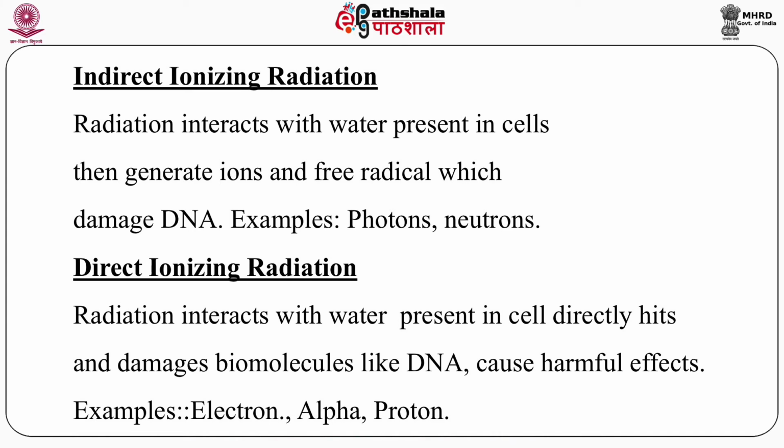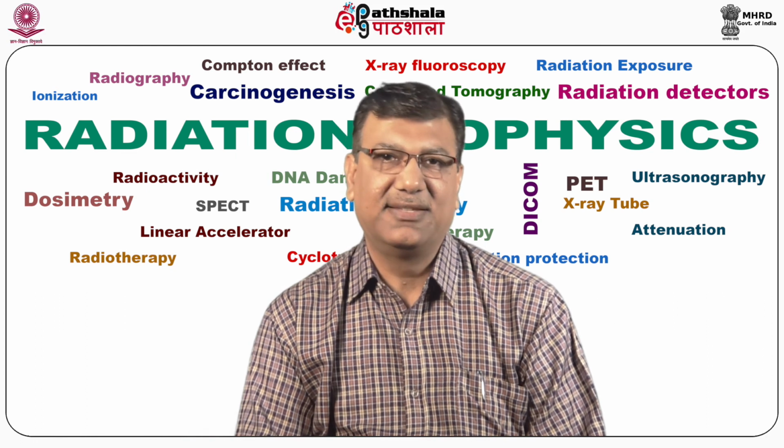Indirect ionizing radiation: radiation interacts with water present in the cell, then generates ions and free radicals which damage DNA. Examples are photons and neutrons. When radiation interacts with the human body, which is mostly soft tissue and contains mostly water, these radiations ionize the medium, and in the process form free radicals.